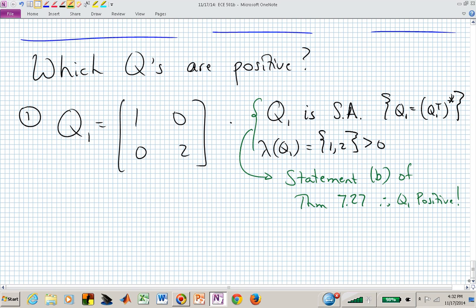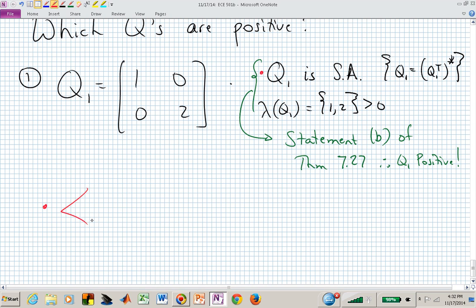But that's not really what I wanted to show. I want to actually show it from the definition of an operator being positive, which means I want to show that this inner product relationship is true.